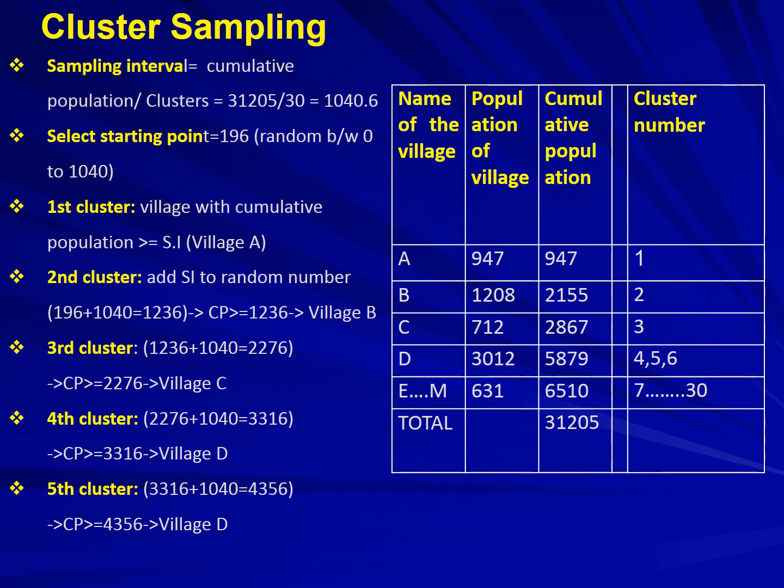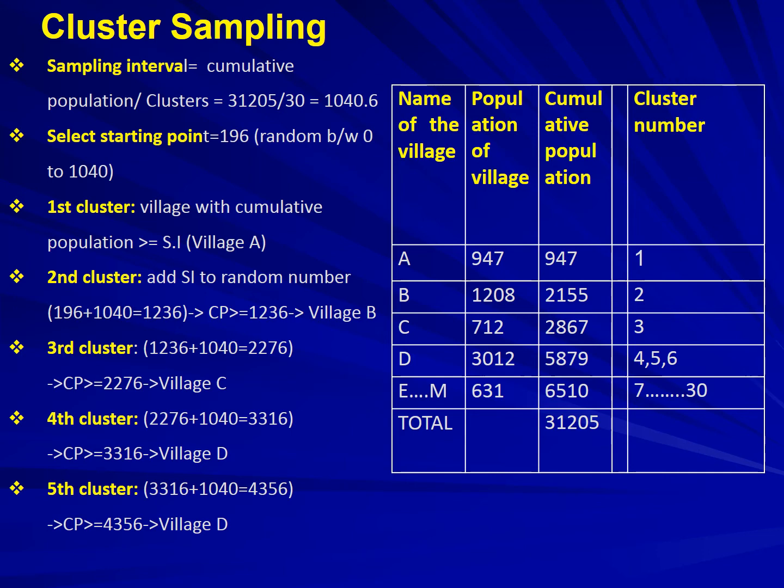After doing that, suppose your starting point is 196. Then you have to look at the cumulative population column. Whichever village has a cumulative population equal to or more than 196 will be your first cluster.